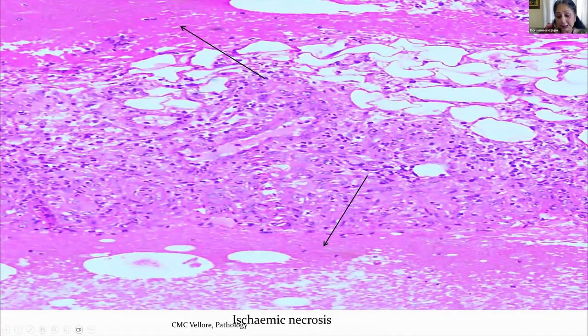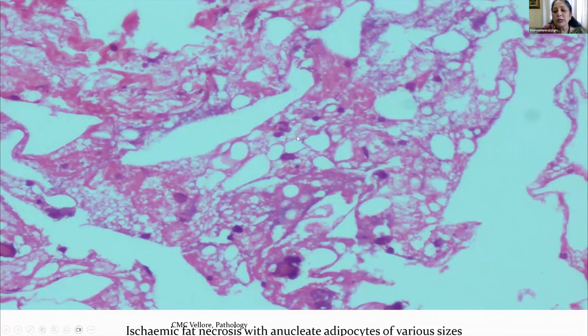You can see it in erythema induratum. It's one of the few areas where you can see it in DIC as well. Here again, you have the fat spaces, which you can only see the outlines, no saponification, but they're smaller in size. The cell size is preserved. That's ischemic fat necrosis because of loss of blood supply to a tissue.